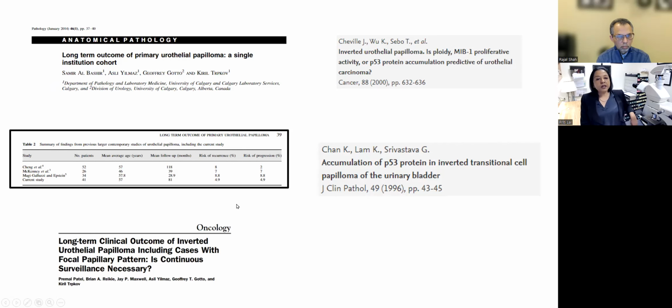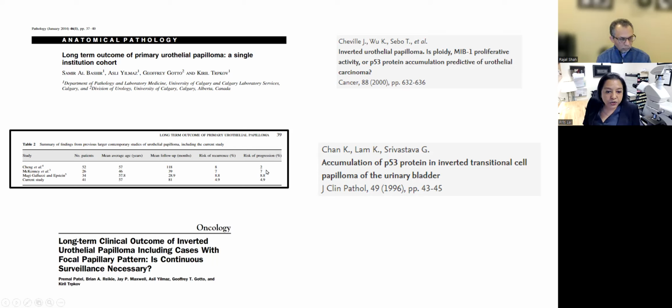So what about their behavior? The majority of these are indolent tumors, and if incompletely removed, they may recur at the site. And these are four large series described by various authors, and a total of almost 200 cases, where the majority of them recur.